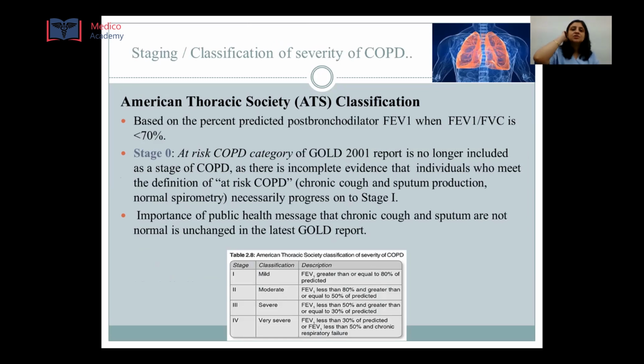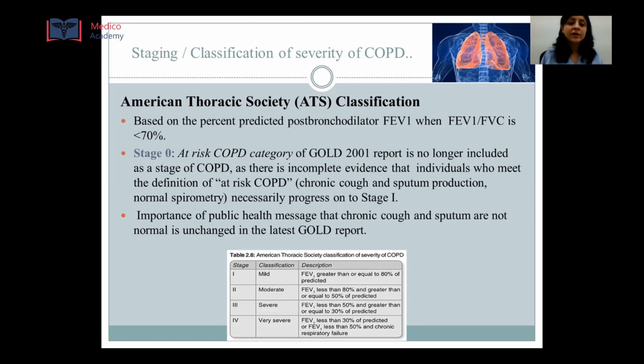Now, classification or staging of COPD based upon the severity was given by the American Thoracic Society. This is based upon the percent predicted bronchodilator FEV1 when the FEV1 to FVC ratio is less than 70%. Now, in the GOLD report of 2001, there was another category called stage 0, which was an at-risk COPD category.